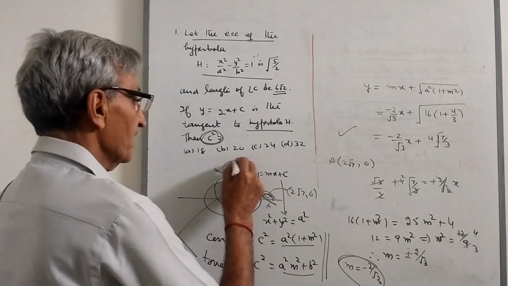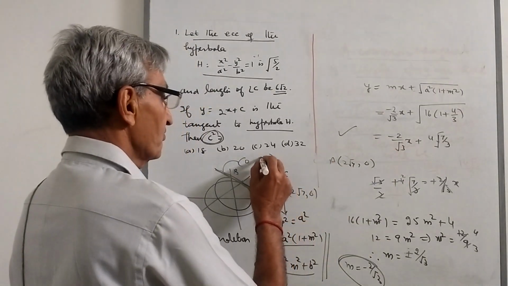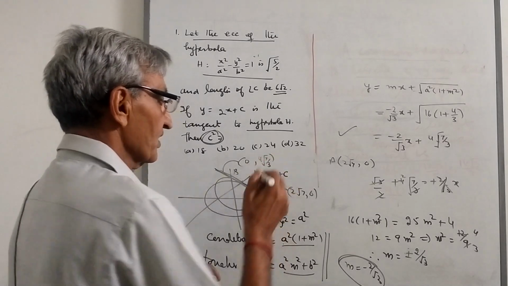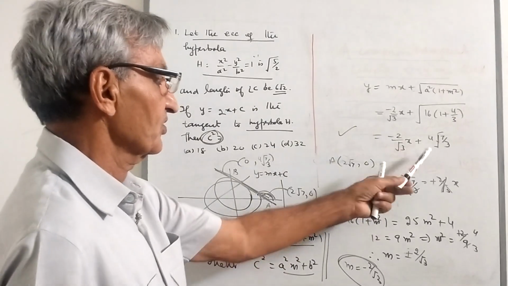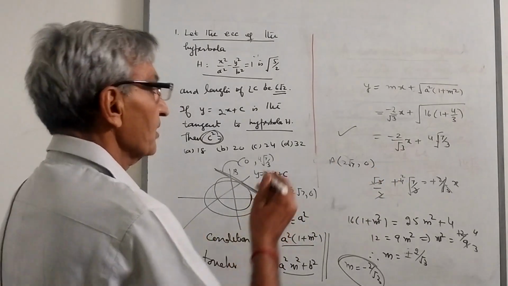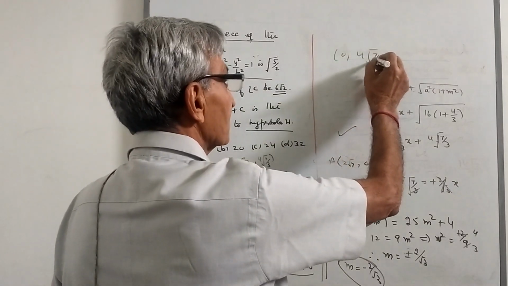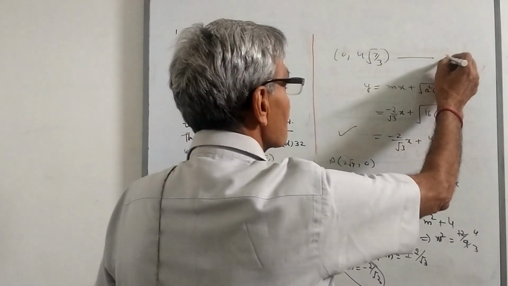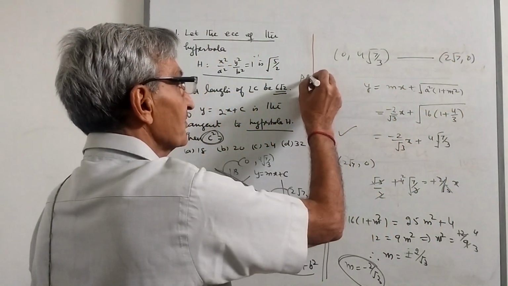My B will be what, when x is equal to 0? Y is equal to 4 root 7 upon 3. So here you put x is equal to 0 and you get the y coordinate. Now I got one point as 0 and 4 root 7 by 3, and the other point as 2 root 7 and 0. I want to find the distance between them.